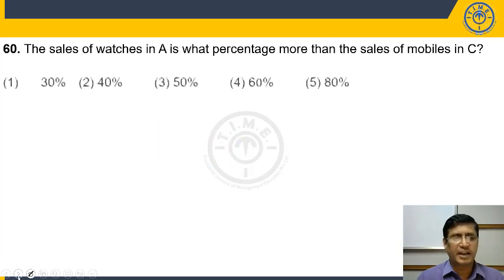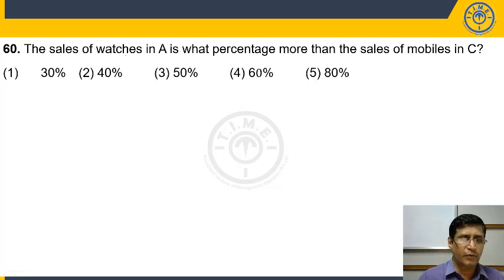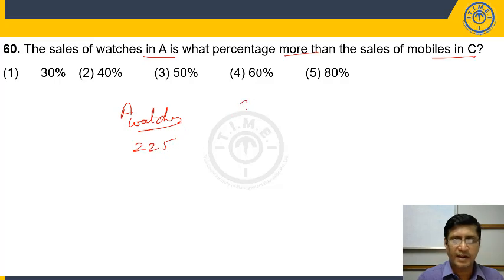Now look at the next example. The sales of the watches in A, what percentage more than the sales of mobile phones in C? A watches is 225 and C mobile phones is 125.